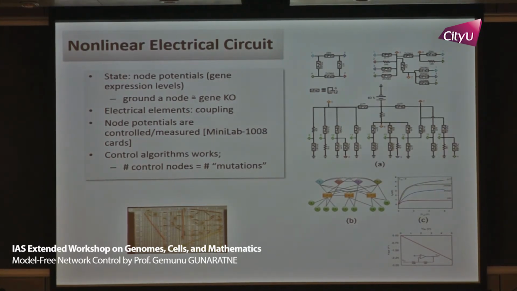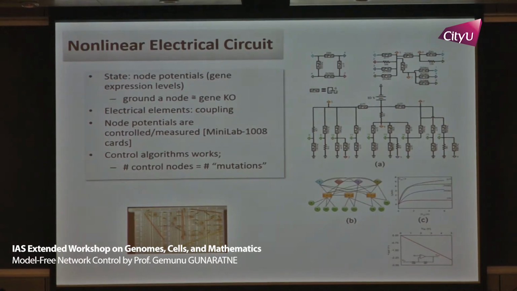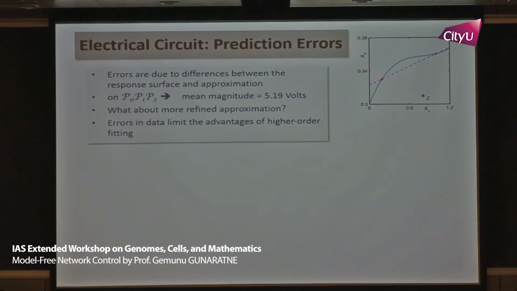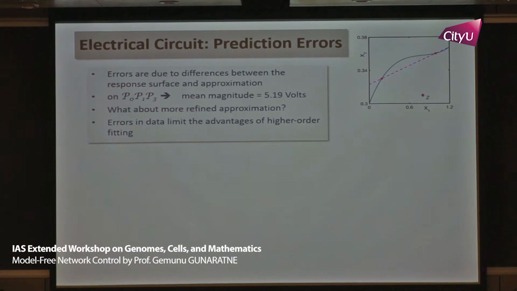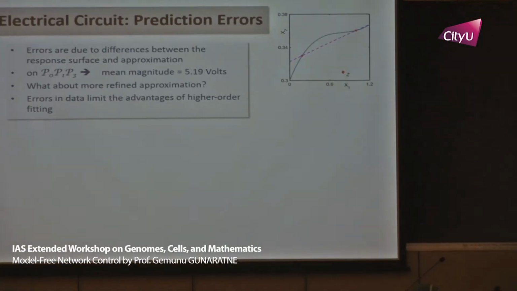That's what the experiment is. The analog of the gene expression is the node potentials, and the analog of the interactions is the current between 2 nodes. And here we did all the calculations. The mean magnitude of the potential is about 5.2 volts. I'm giving you that number to give the error estimates later.